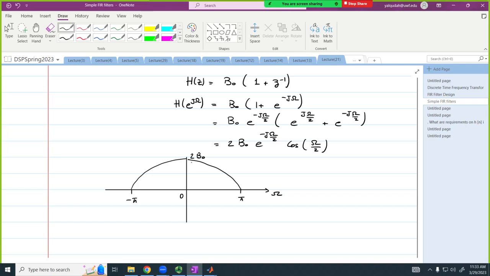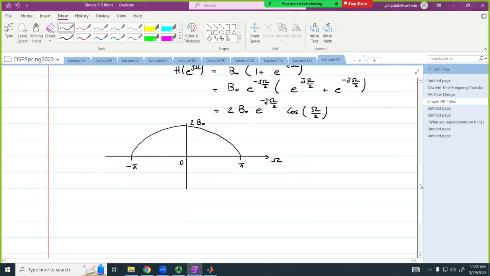When omega is pi, cosine pi over 2 is going to be 0. So therefore, h of e to j omega is going to look something like this. Now we can also plot the phase since we have it handy.